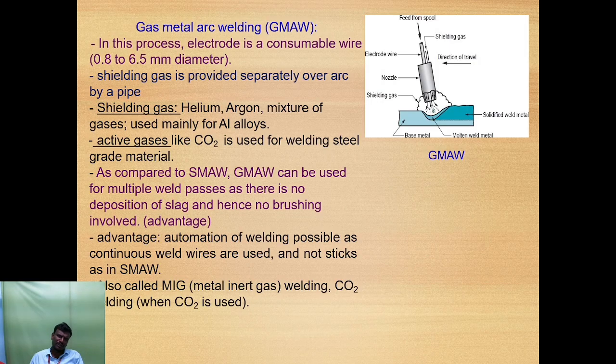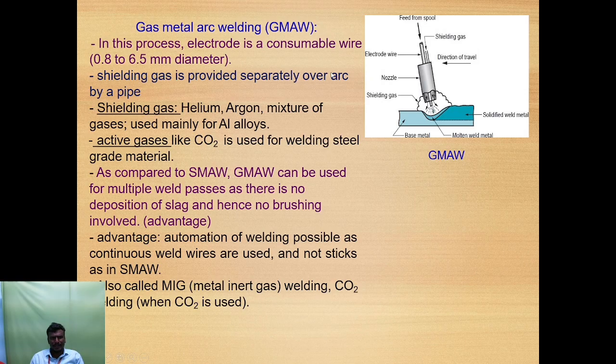Next is gas metal arc welding. In this process, the electrode is a consumable electrode with diameters of 0.8 to 6.5 mm.